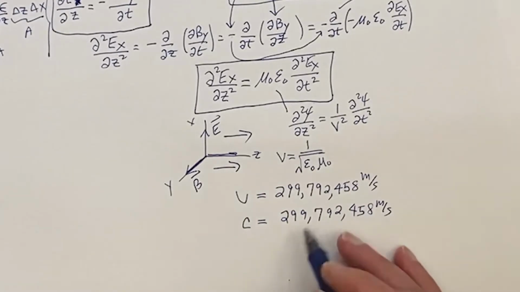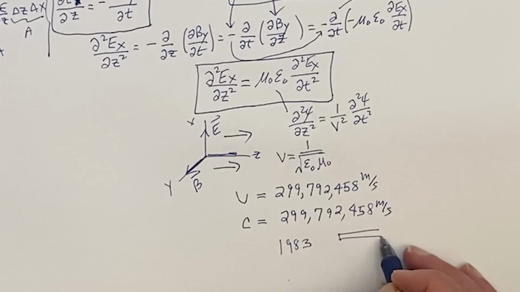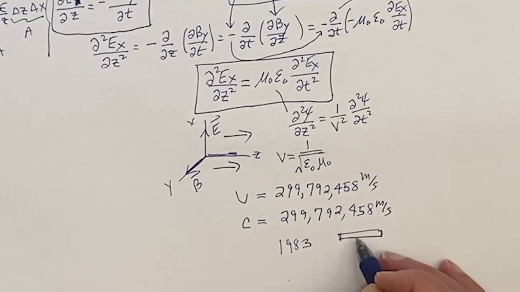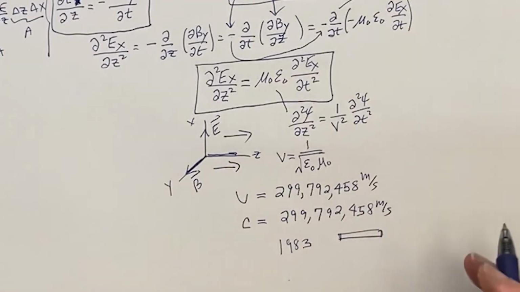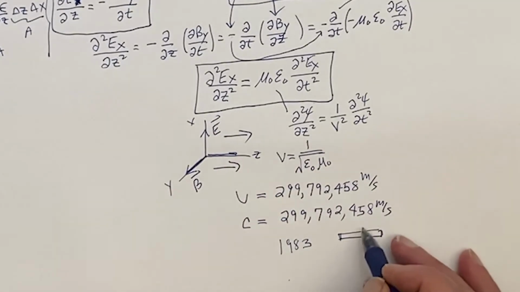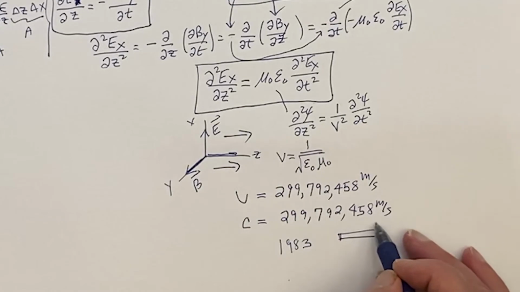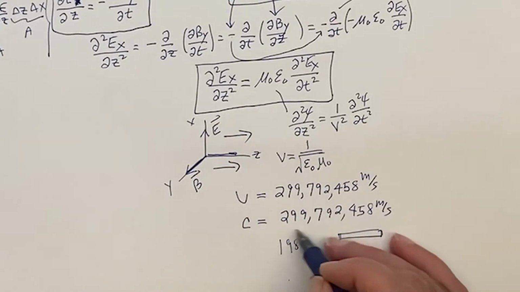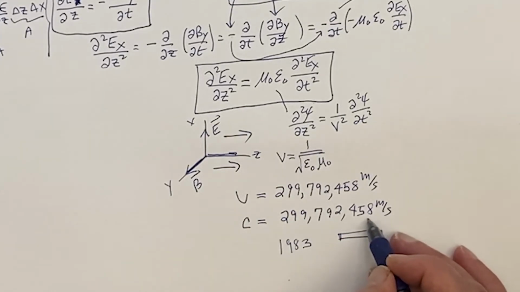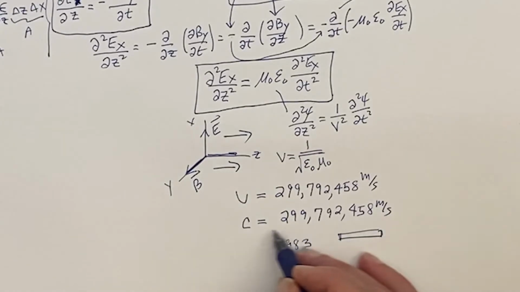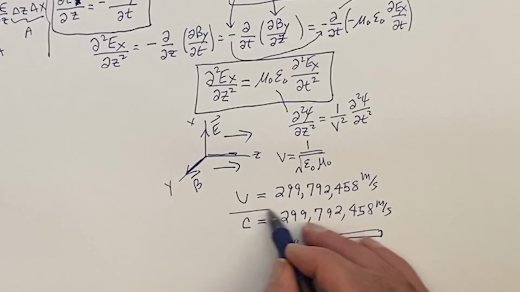And they defined in 1983 the meter, which originally, right after the French Revolution, around the 1790s, was some standard bar in France. But now they tweaked the definition slightly, out to many significant figures, so that the meter is defined so that the speed of light is exactly this.